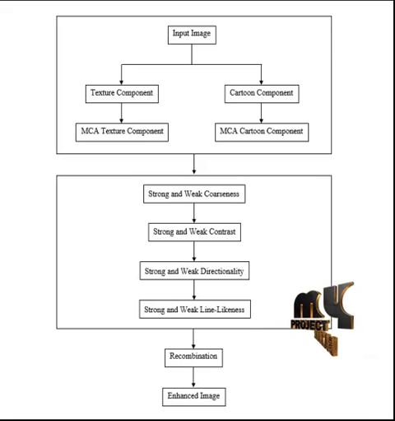This process goes on. These components are all measured, and finally the texture component and the cartoon component are recombined in order to produce the enhanced image. Thus, the input image is divided into texture and cartoon components and enhanced, resulting in the texture enhanced image, which is more enhanced compared to the input image.